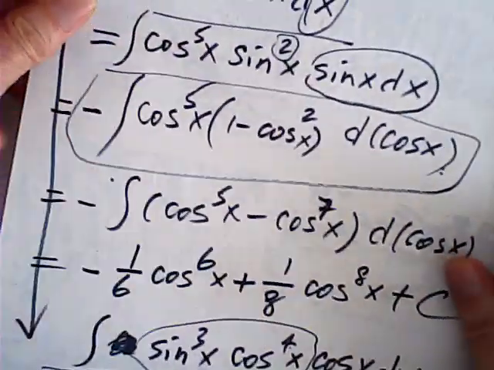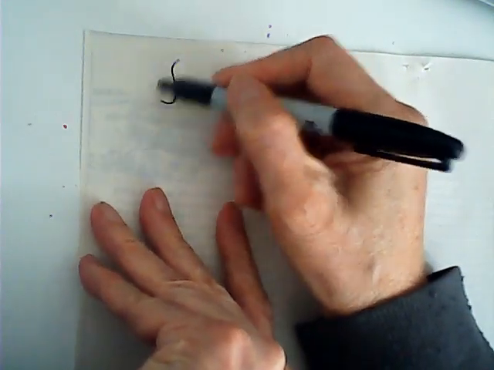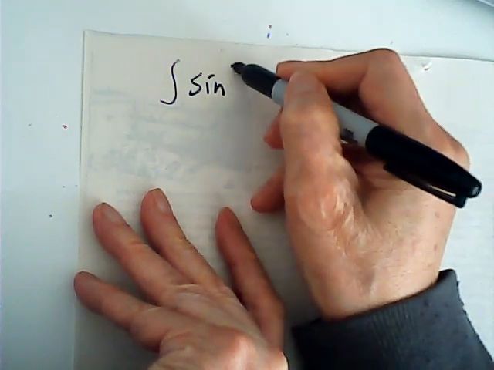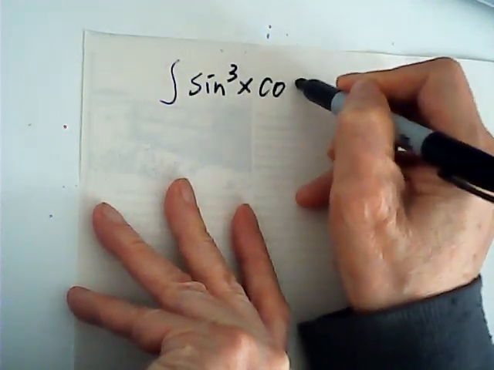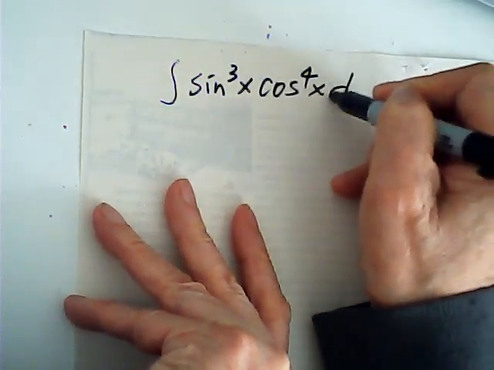Okay, so next one is one even, one odd, okay? Sine 3x, cosine 4x.